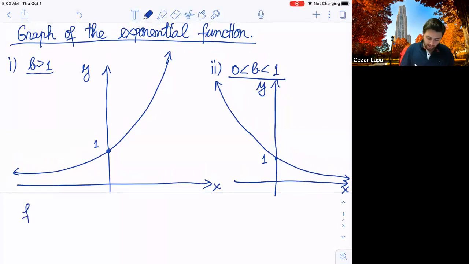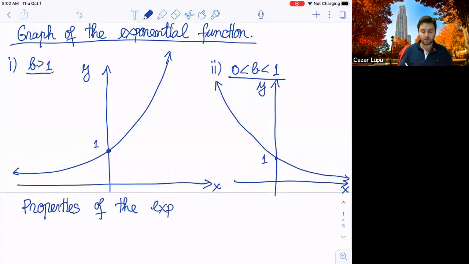Now let's say f of x is b to the power x. Let me put it this way: properties of the exponential functions, just by looking at the graph.